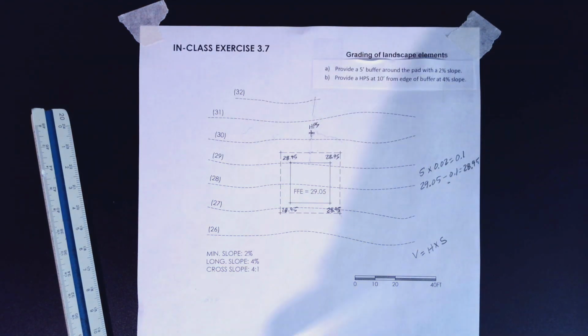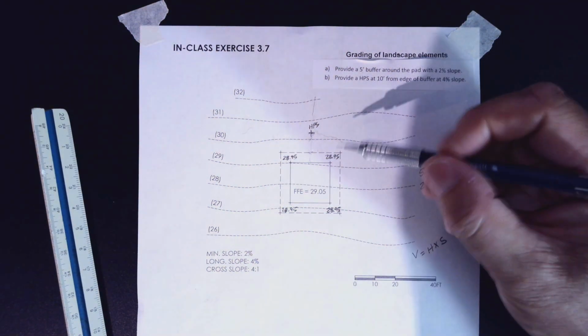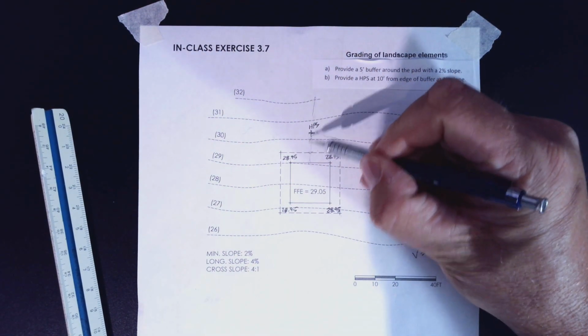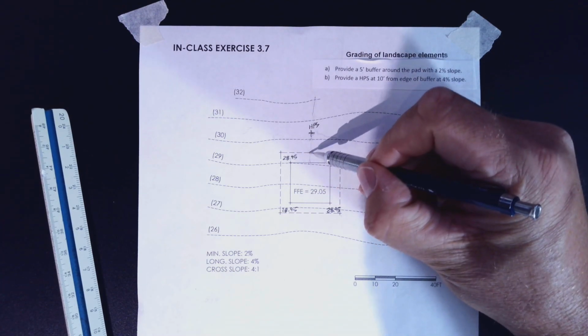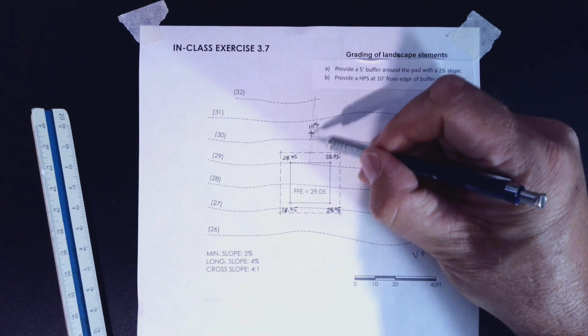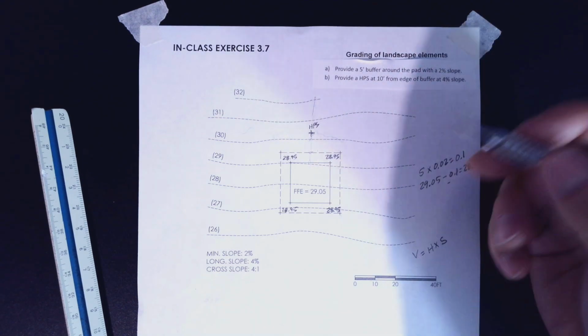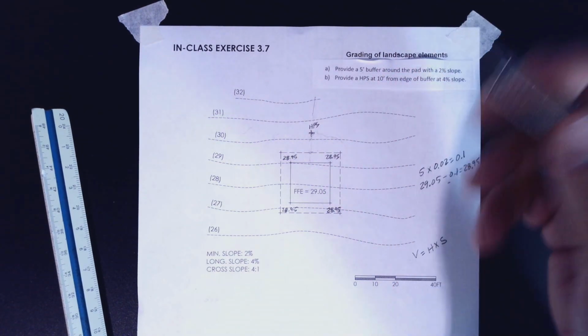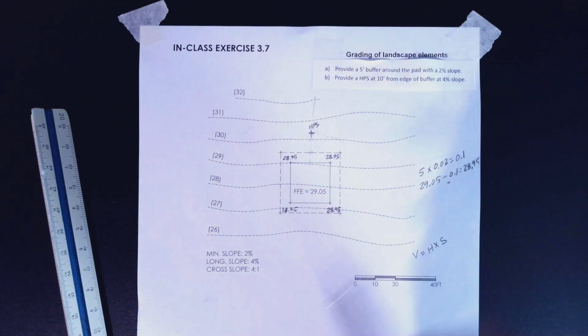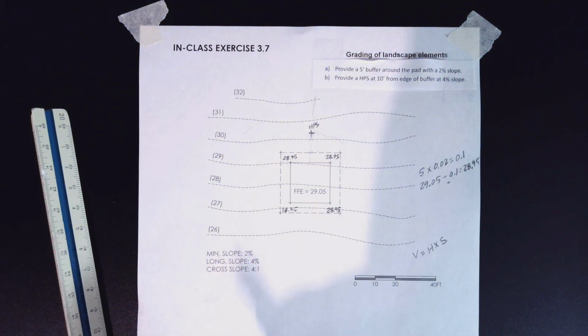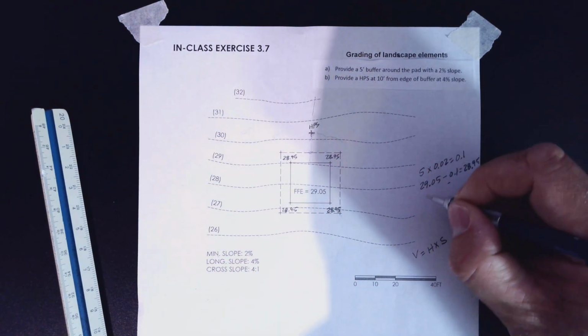All right, so if we do that, what do we know now? We don't know what the vertical is. We know that it's 28.95 here, but we're going 10 feet at 4%. It could be 2%, it could be 4%. Wouldn't go any less than 2% because 2% is the minimum, but let's use 4%.